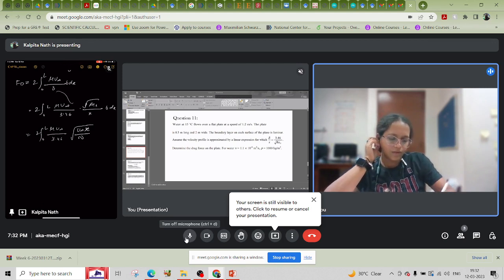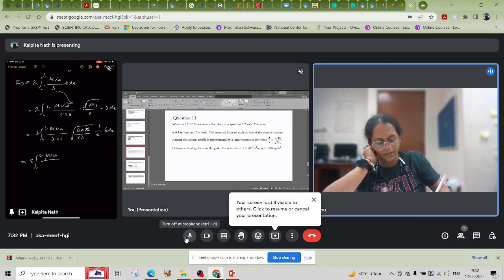Okay, so this is twice the integral from 0 to L of mu u infinity by 3.46 root over u infinity x by nu. We have just put the value of delta. 1 upon x b dx. This is 2 times the integral from 0 to L of mu u infinity by 3.46 root over u infinity by nu, x to the power minus 1 by 2, b dx.